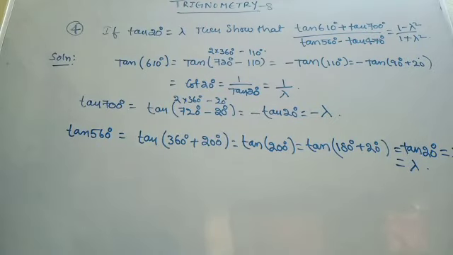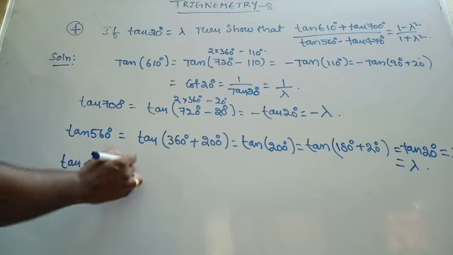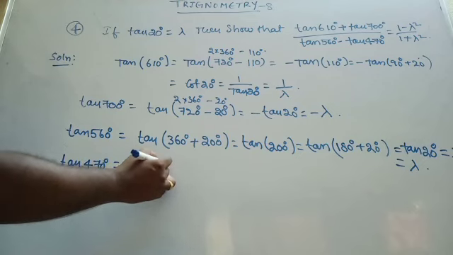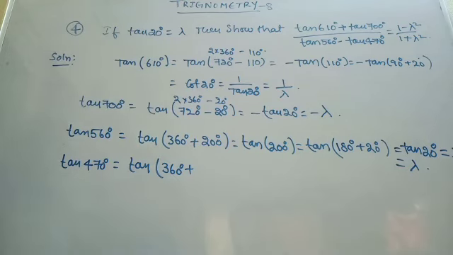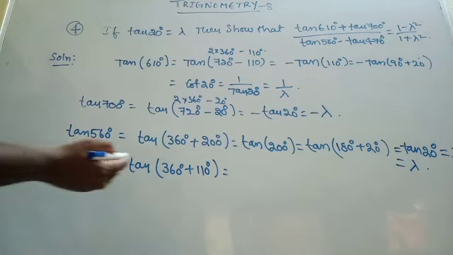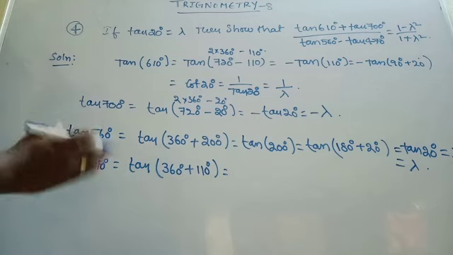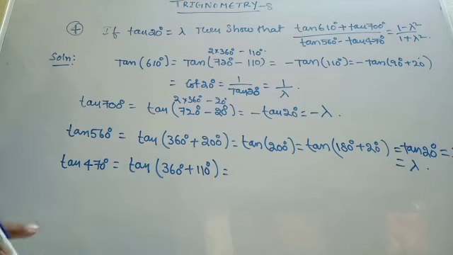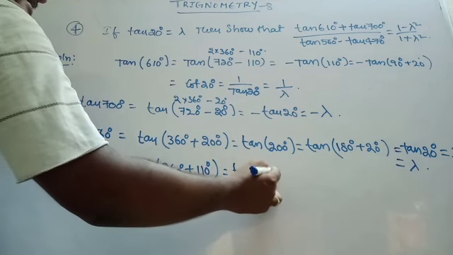Fine. Now only the last one is left, tan 470 degrees. Tan 470 degrees you can write as tan of 360 plus 110 degrees. Once again, tan of 360 degrees plus theta is tan theta, therefore this is tan 110 degrees, my dear students.